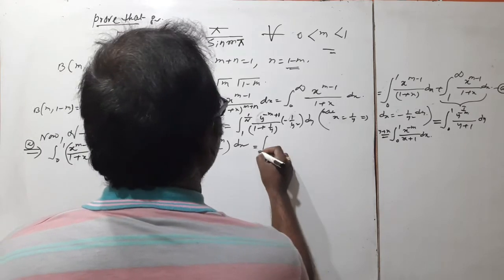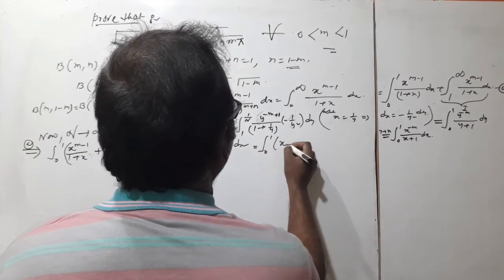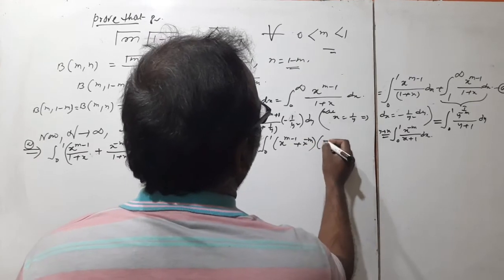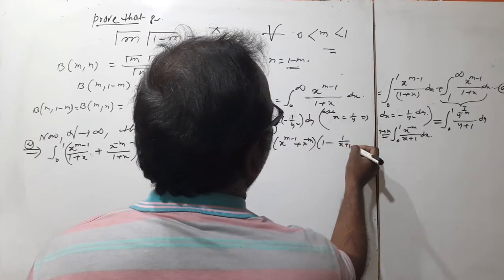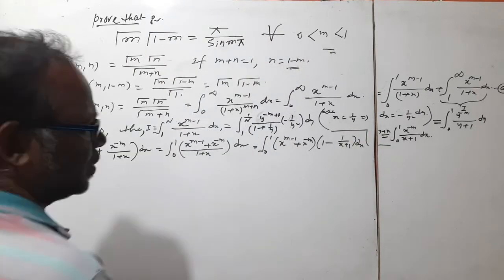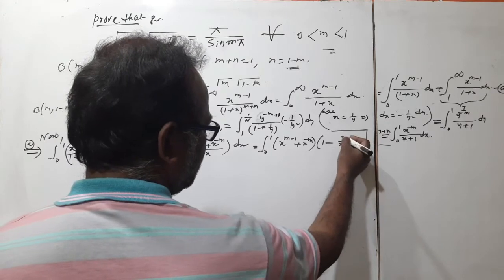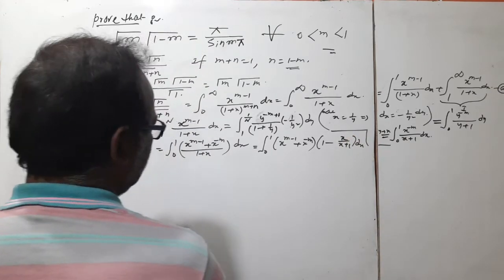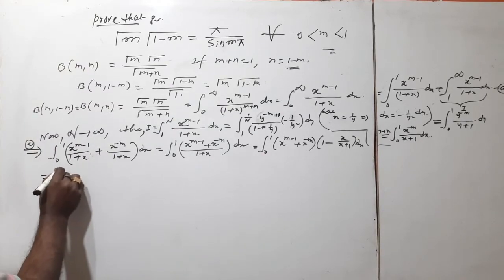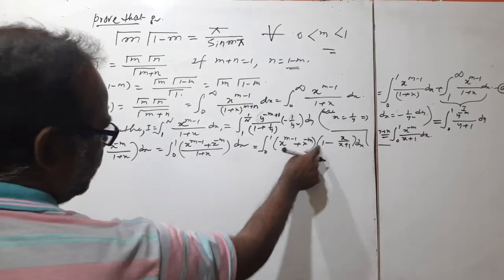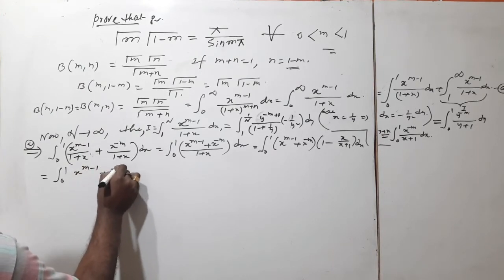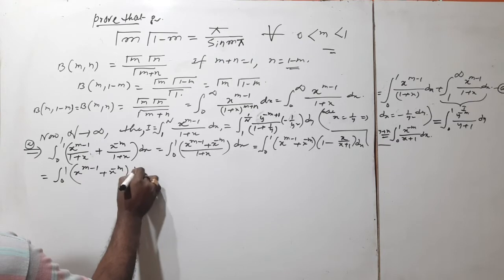It can be written as 0 to 1 of x to the power m minus 1 plus x to the power minus m, and 1 over x plus 1, dx. So x over this, then we got 1 over 1 plus x. Then multiply 0 to 1 with 1, so this is x to the power m minus 1 plus x to the power minus m dx.